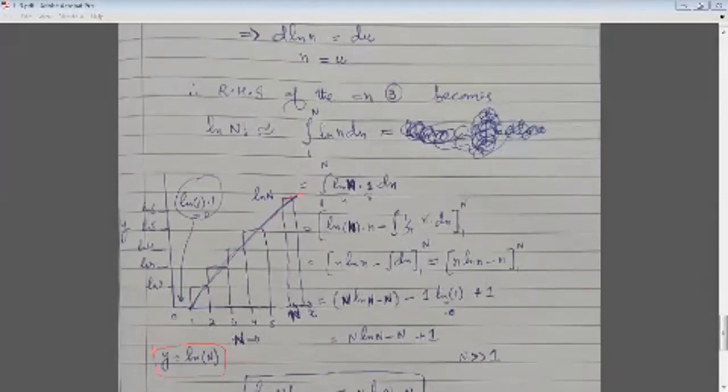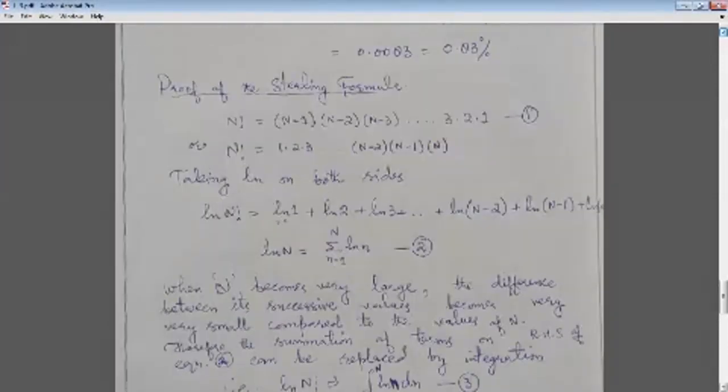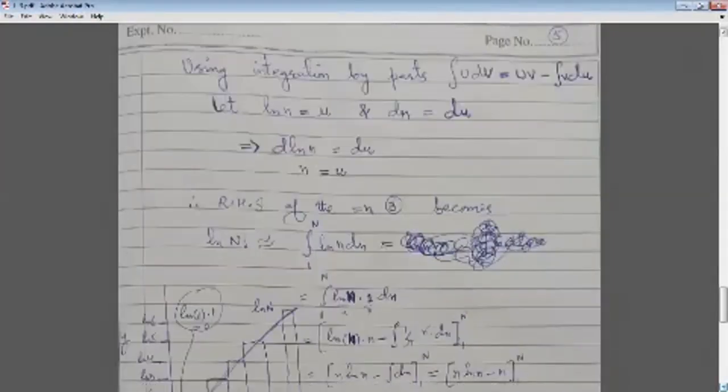So going back to what we were discussing, this ln of n factorial is basically a summation. Suppose ln of 1, that bar, was equal to 0, so its area was 0, and similarly ln of 2, ln of 3 have particular areas under those bars. Now we are taking the situation when n is very large.